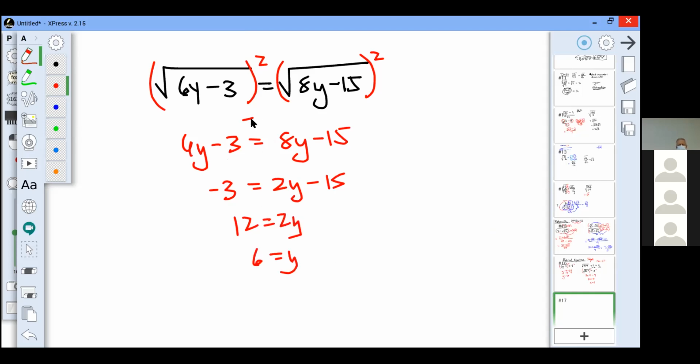So once you get rid of that radical, what you should be looking at in most cases in those examples is you end up with a linear equation to solve.